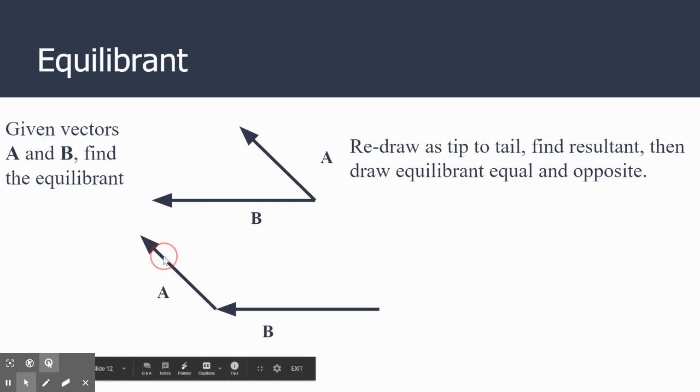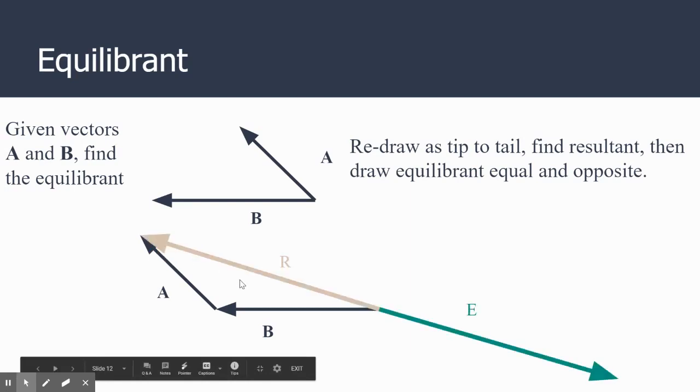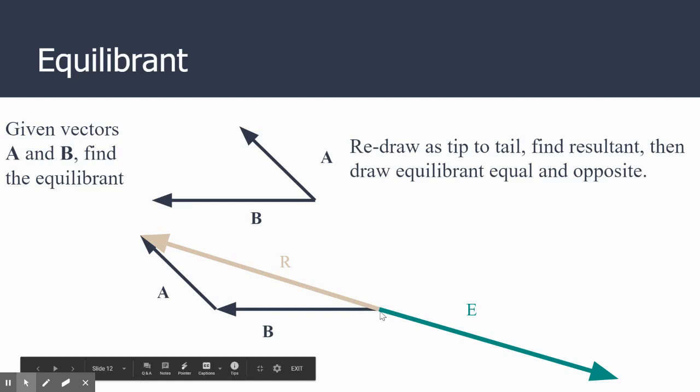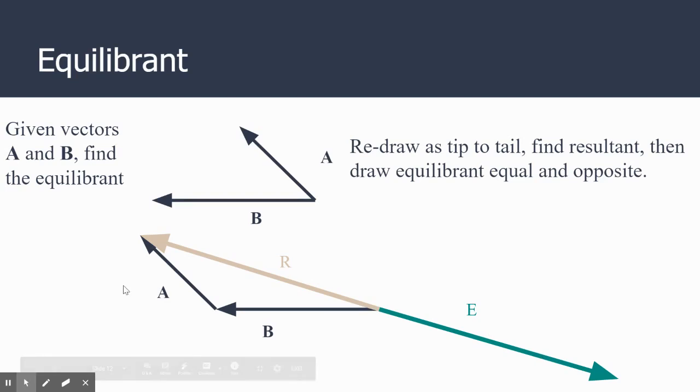So let's see what that looks like here. Okay, so here we have A and B. We did our tip to tail method. We found the resultant by doing simple vector addition. And then, after we found the resultant, in the opposite direction, we drew a vector of equal magnitude. So what does that mean? So the equilibrant brings all of the vector sums to zero so that an object is in equilibrium, right?